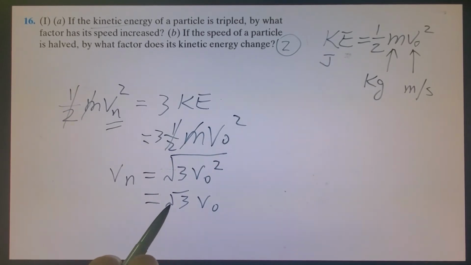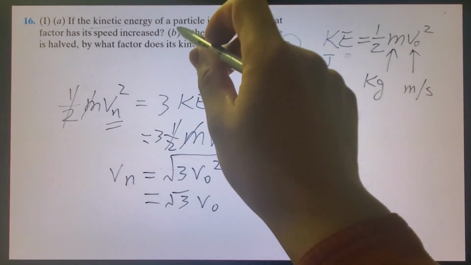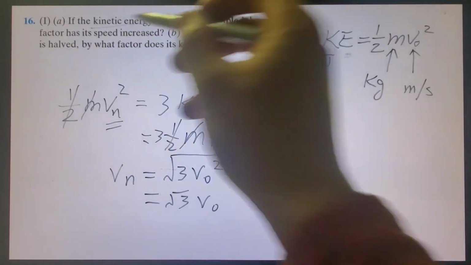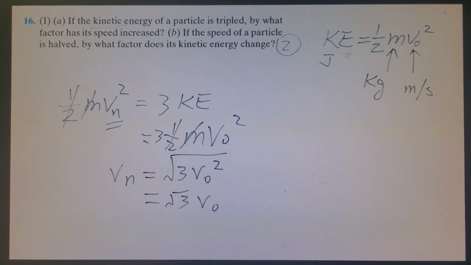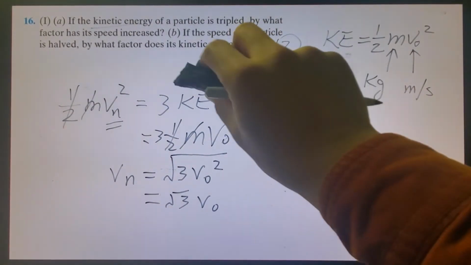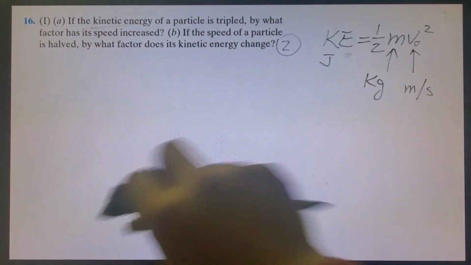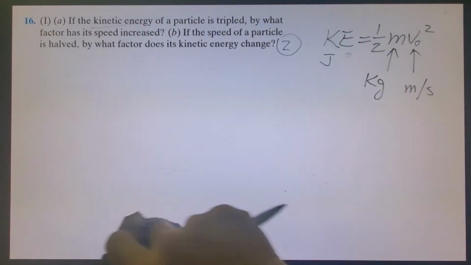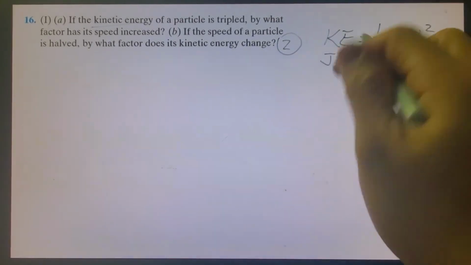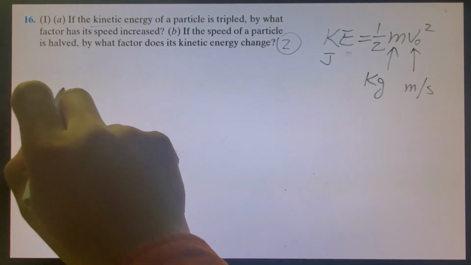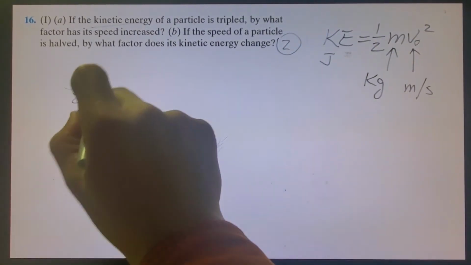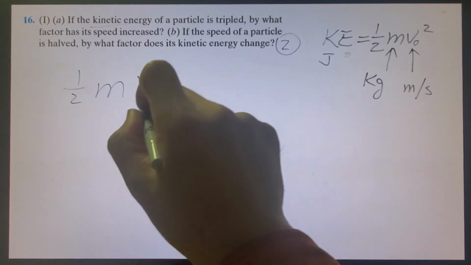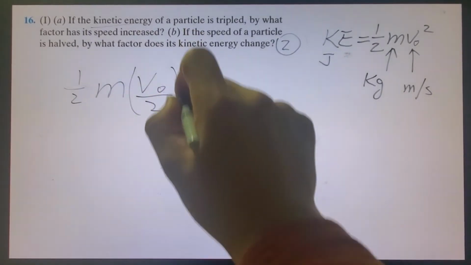All right, part B, if the speed of the particle is half. Let's try. If the speed is half, what will happen? It should be half m v squared, but now it's half m times Vo over 2, squared.